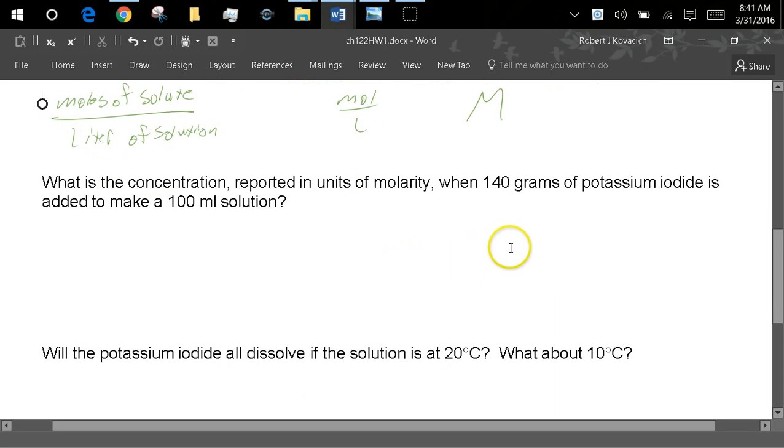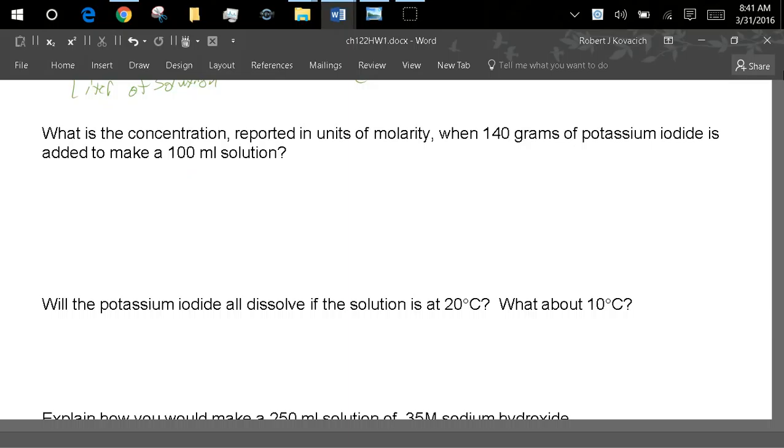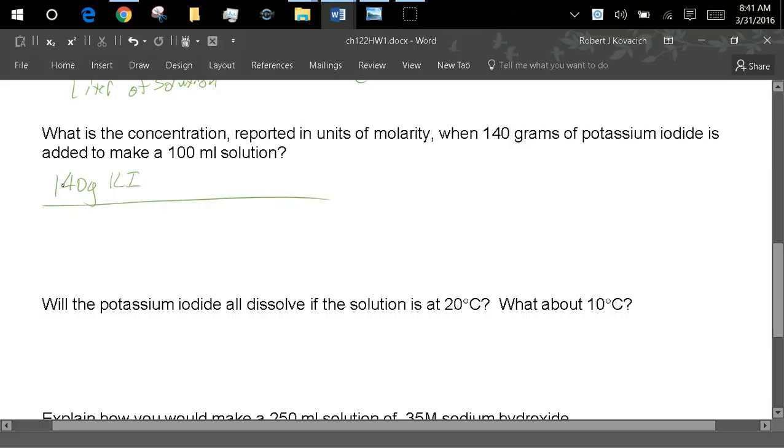What's the concentration reported in units if 140 grams is dissolved in 100 milliliters of solution? Okay, so I've got 140 grams of potassium iodide. I need to turn that into moles.